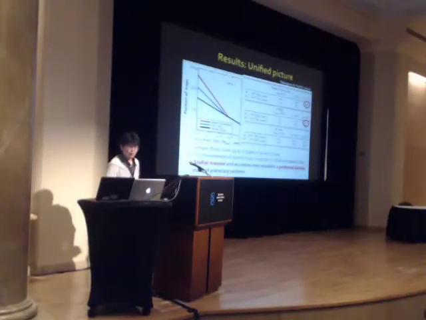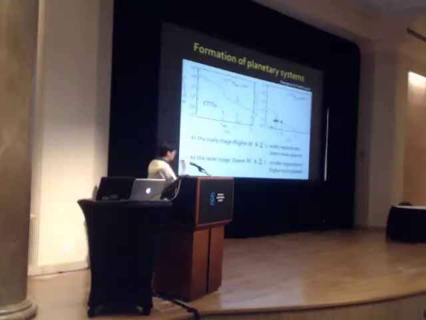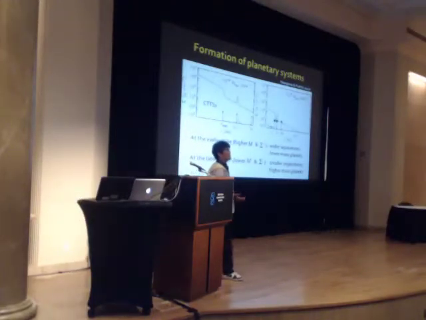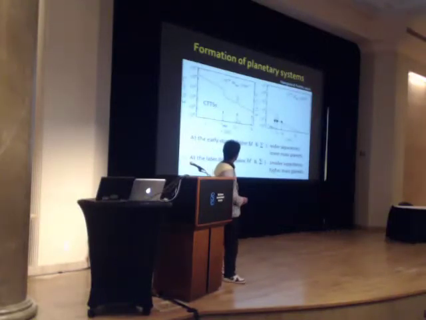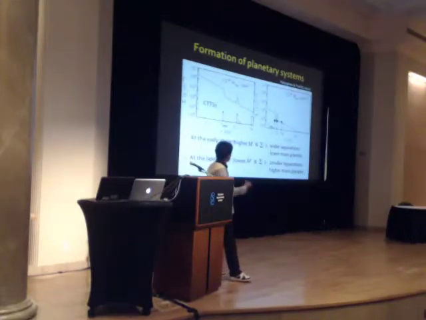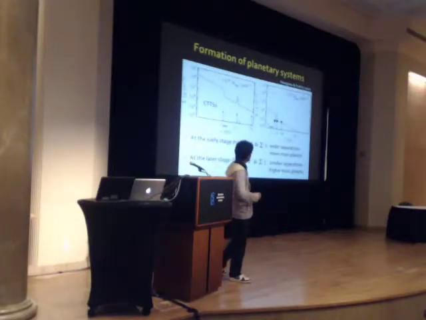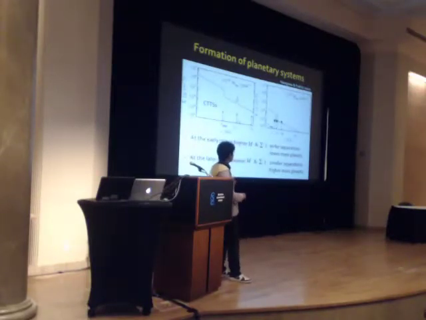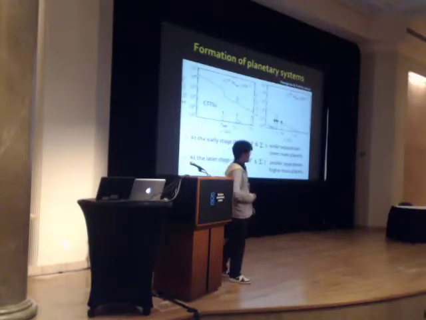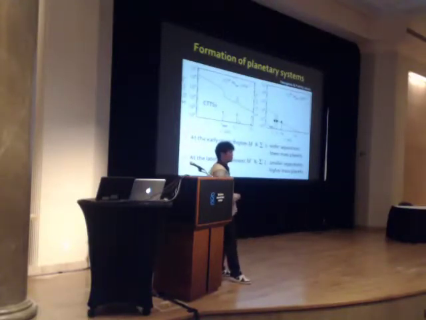All right, combining these things, we can draw some kind of picture of how a planetary system is formed. This is a very schematic picture. We do not model the planetary growth, but I'd like to give you some rough idea. If you look at the early stage of the disk evolution, protoplanets are distributed at wide distances, and the mass of the planets should be very low.